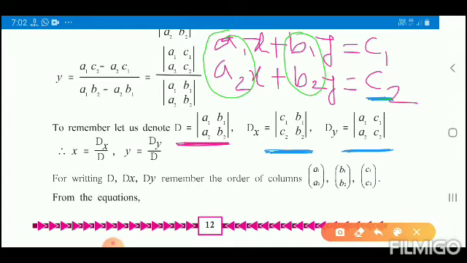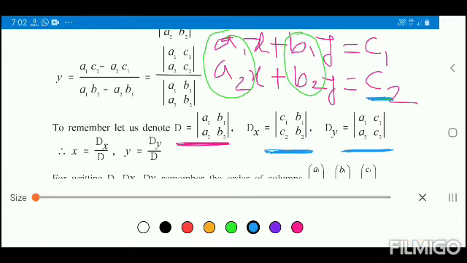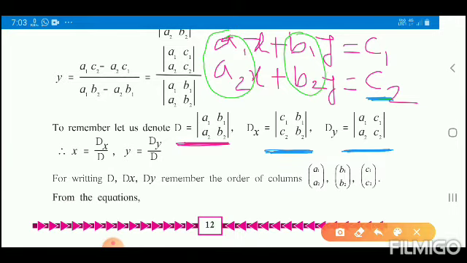One more thing you can see here: if we number the columns 1, 2, 3, then for the first column you can keep in mind the number 12.